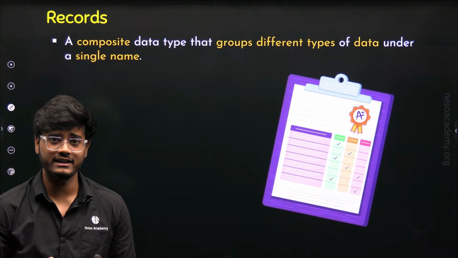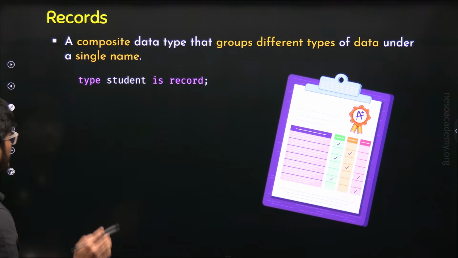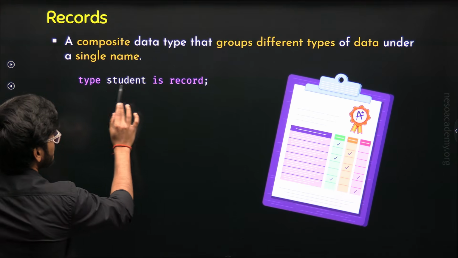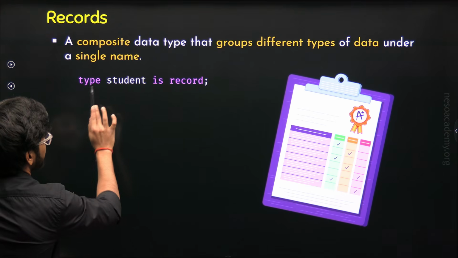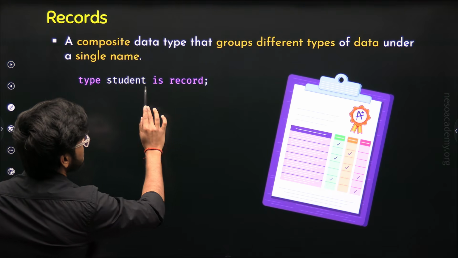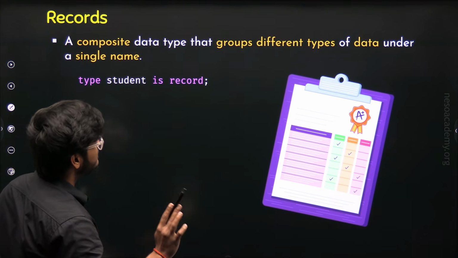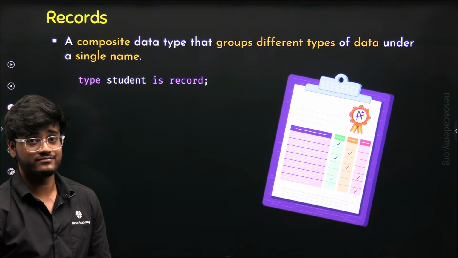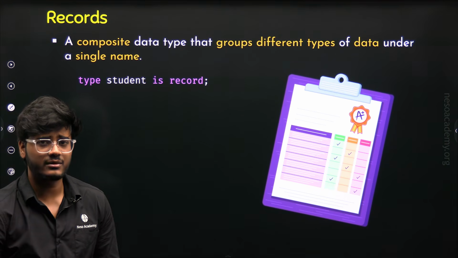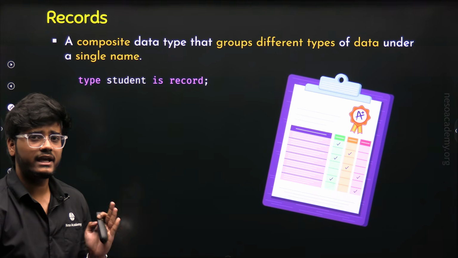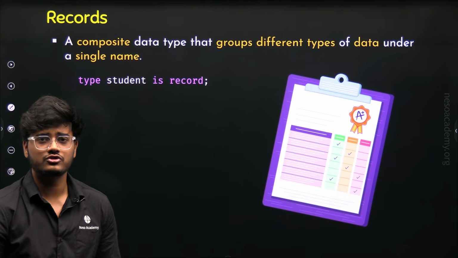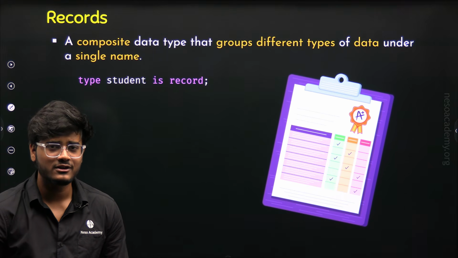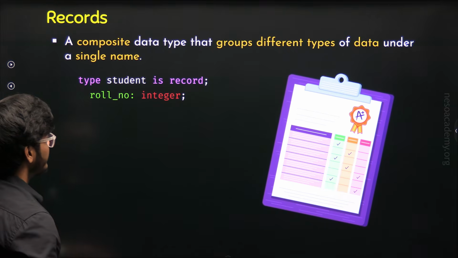Let's see how to create a record. So here I am creating a custom data type named student using the keyword type. Now this keyword record specifies that this data type student is a record which contains different data types. Here I want this record to store roll number, marks and the passing status. So I will mention 3 fields.